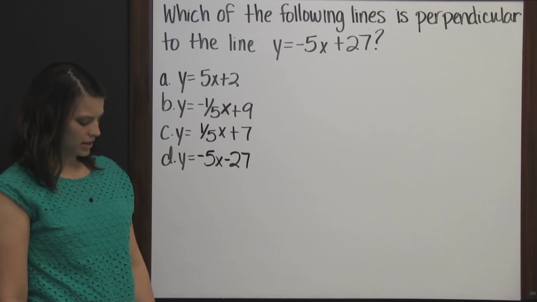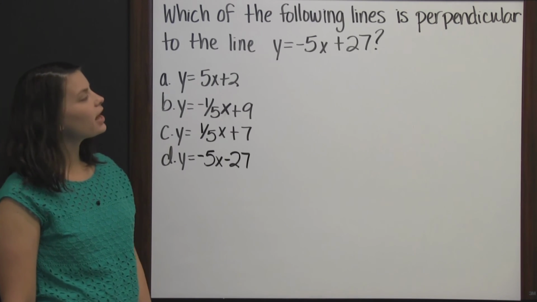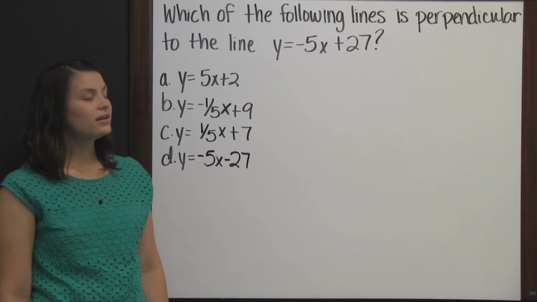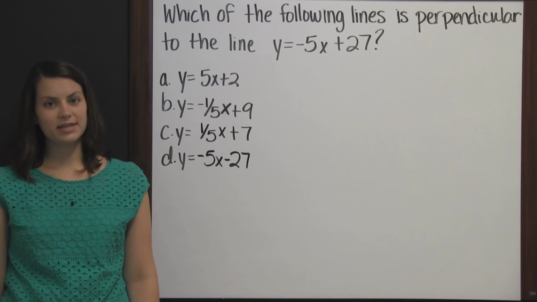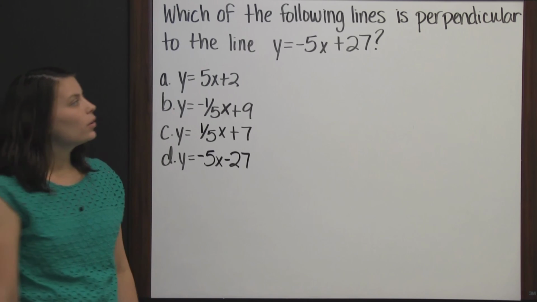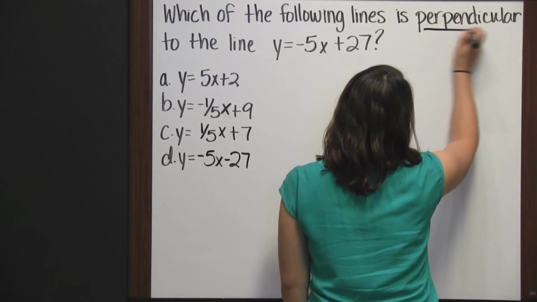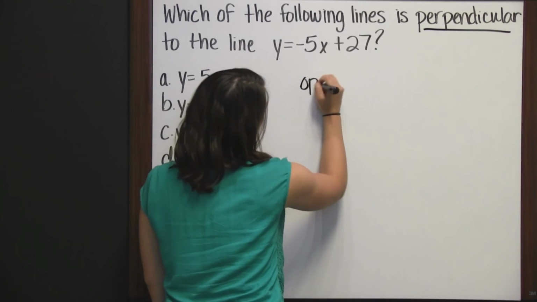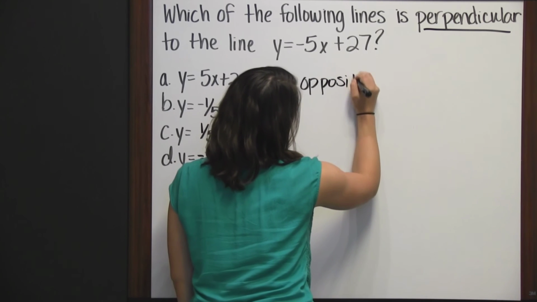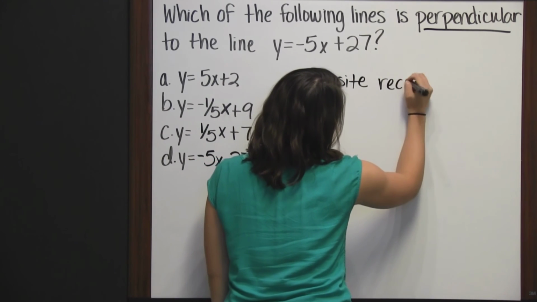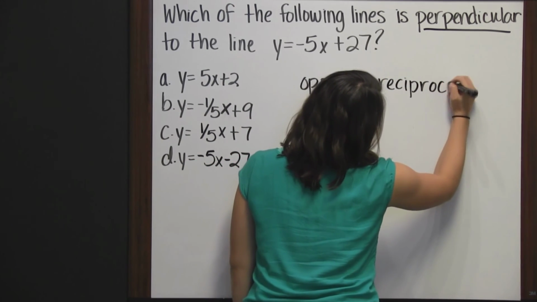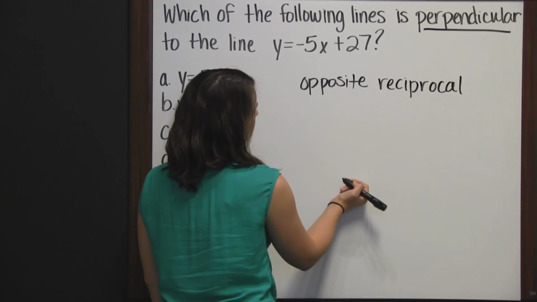Which of the following lines is perpendicular to the line y equals negative 5x plus 27? Perpendicular lines have opposite reciprocal slopes.